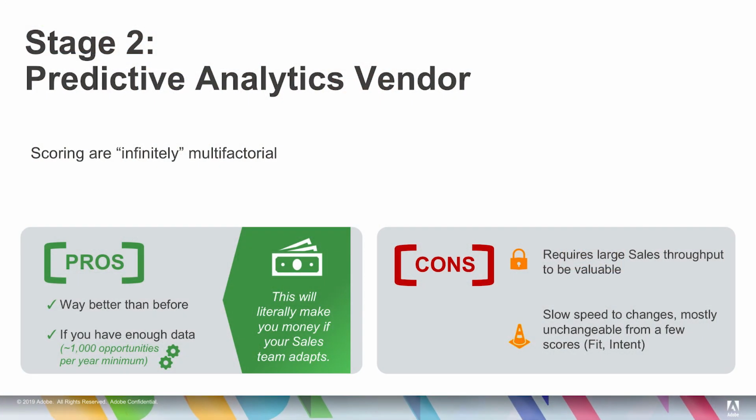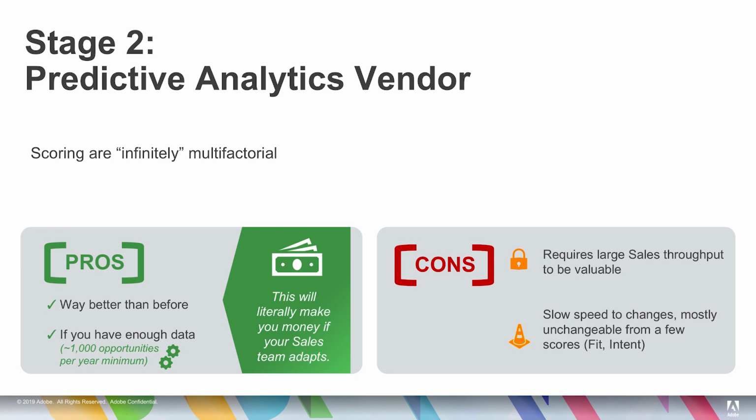If you have enough data, this is just mathematically and business intelligence better than stage 1. It will, if your sales team is actually running off of the scores in Salesforce or your CRM, sorted descending. All that we're looking at, from stage 1, which is directional math, into predictive, is incredibly better math. So if you have enough data, this is massively, massively valuable.